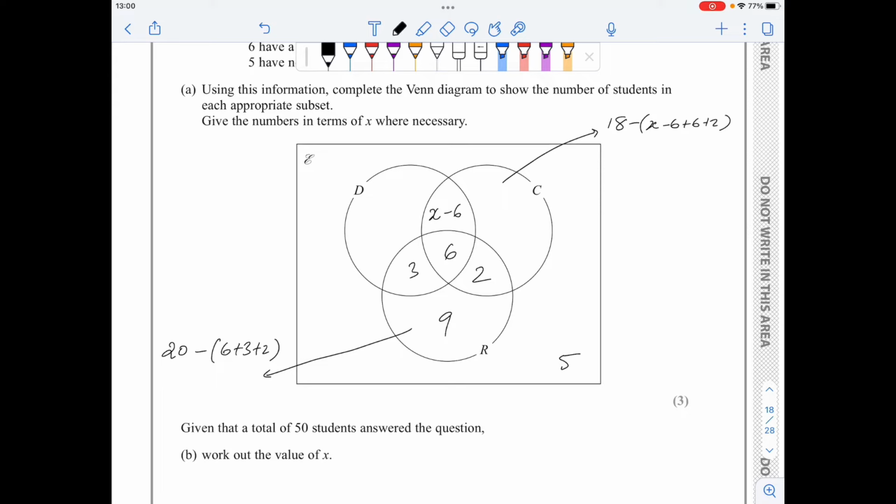And if you simplify this one, you will get 16 minus x. And 28 have a dog, so similar to the cats, this one will be 28 minus x minus 6 plus 6 plus 3. This one simplifies to 25 minus x.